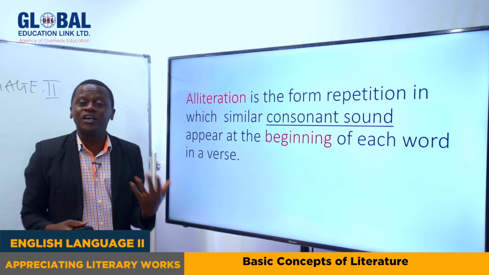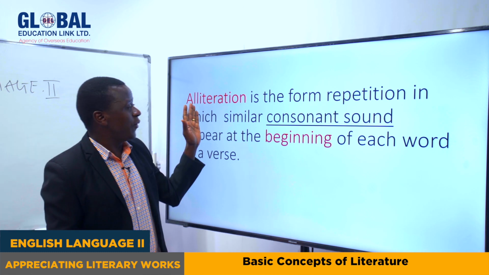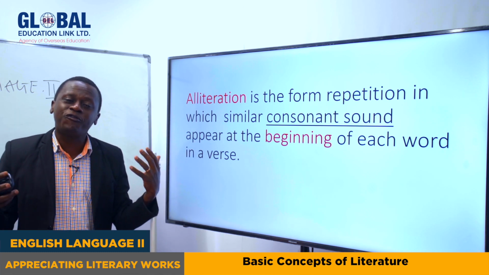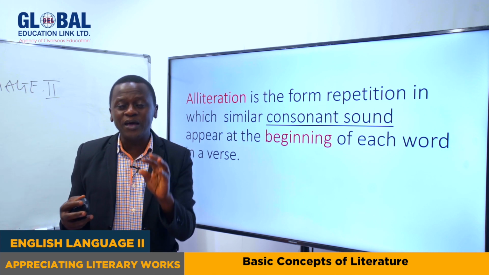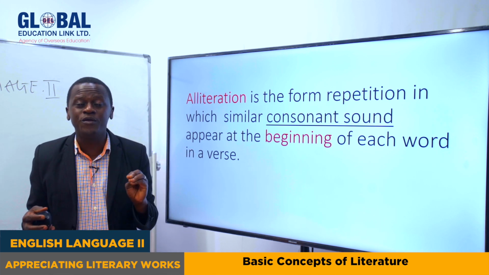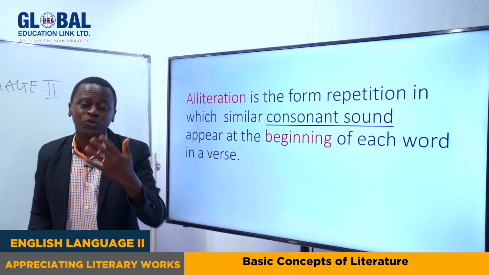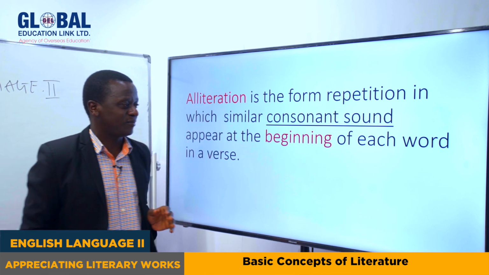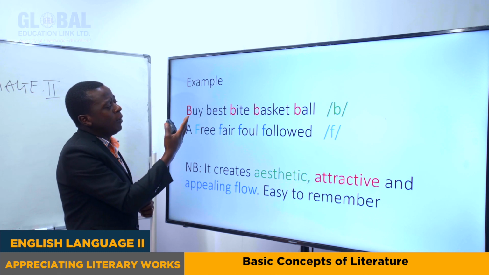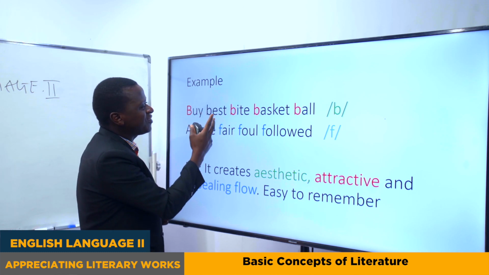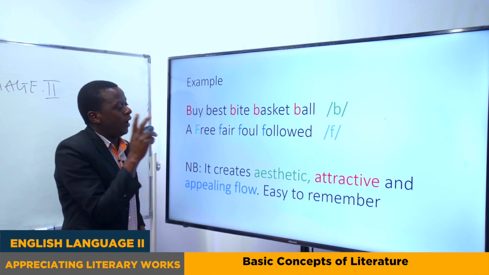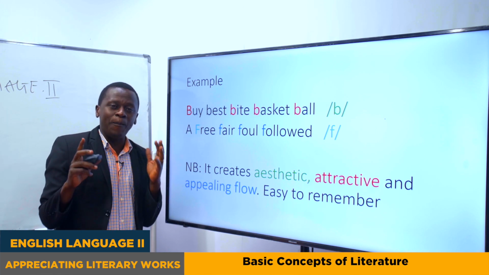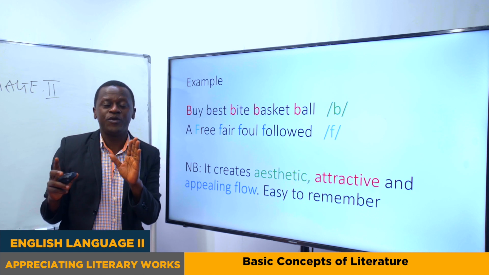We have here alliteration. Students, here we come. Alliteration is a form of repetition in which a similar consonant sound appears at the beginning of each word in a verse. Let us go to an example of how that works. Here we come. Buy, best, bite, basketball. Now look here. The similar consonant sound appears at the beginning of each word in a verse.